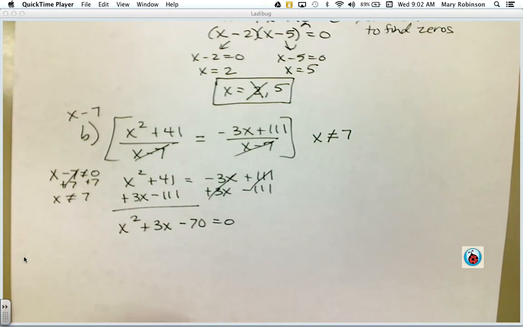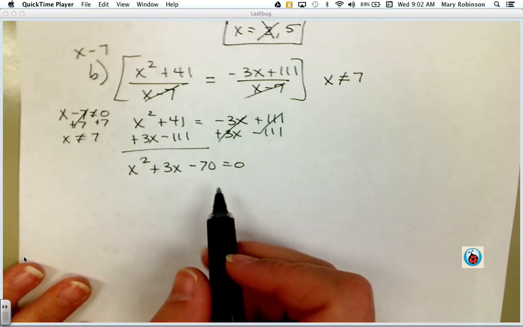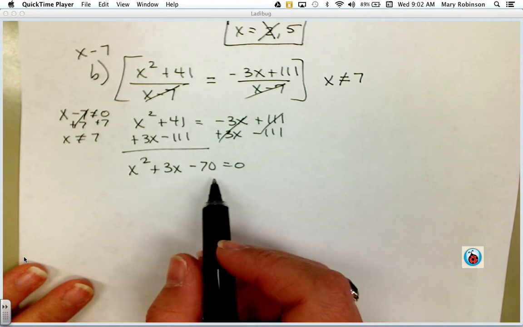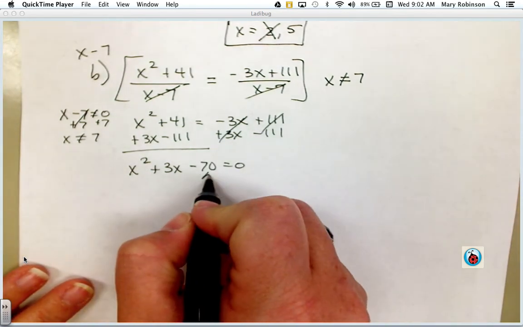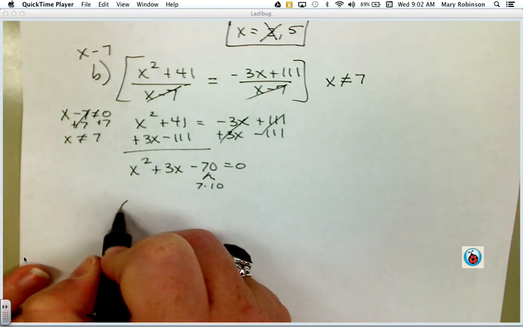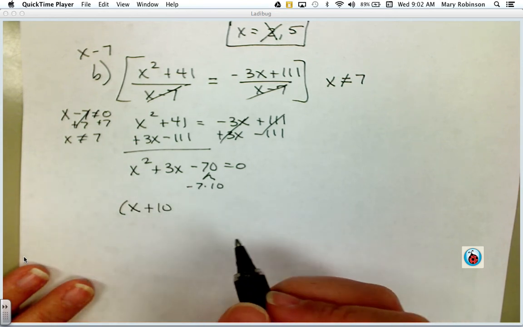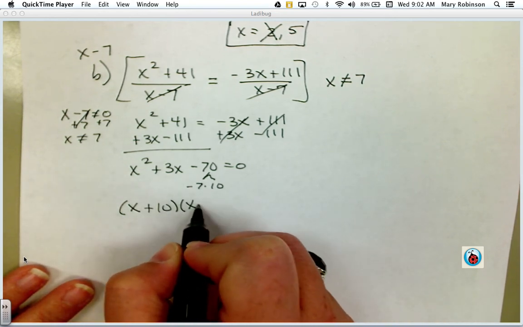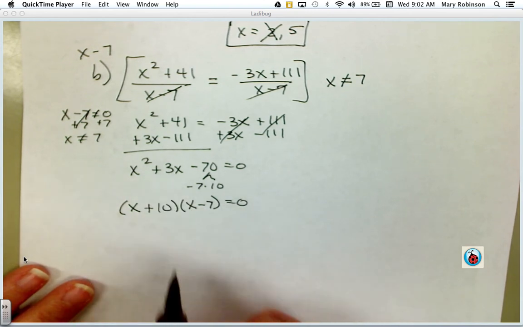equals 0. Well, it should pop in your mind that this is definitely factorable if you think about factors of 70 that you can use to get 3. Well, 70 is 7 times 10. So can you use 7 and 10 to get 3? Sure. You would need a positive 10 and a negative 7, because 10 minus 7 gives us 3.